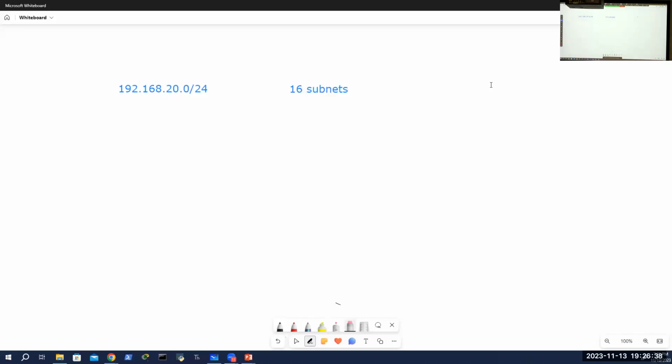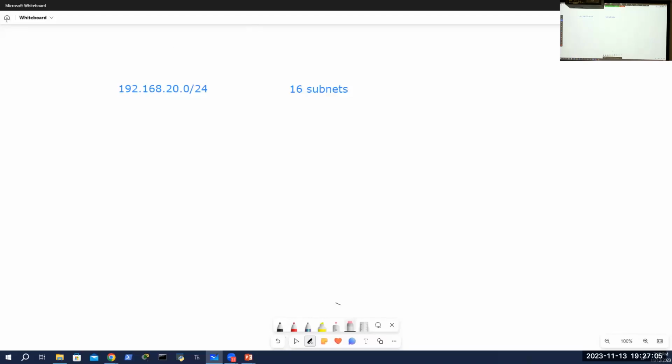We basically have to reallocate the appropriate number of bits from the host field, which is the 4th octet, and make enough of those bits network bits to accommodate those 16 subnets. So it's 4, and then you add the 4 to the 24 to get 28.